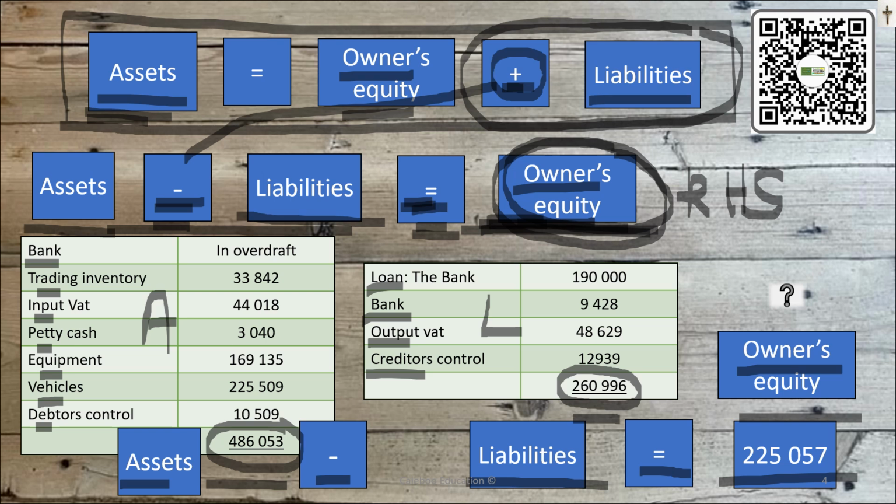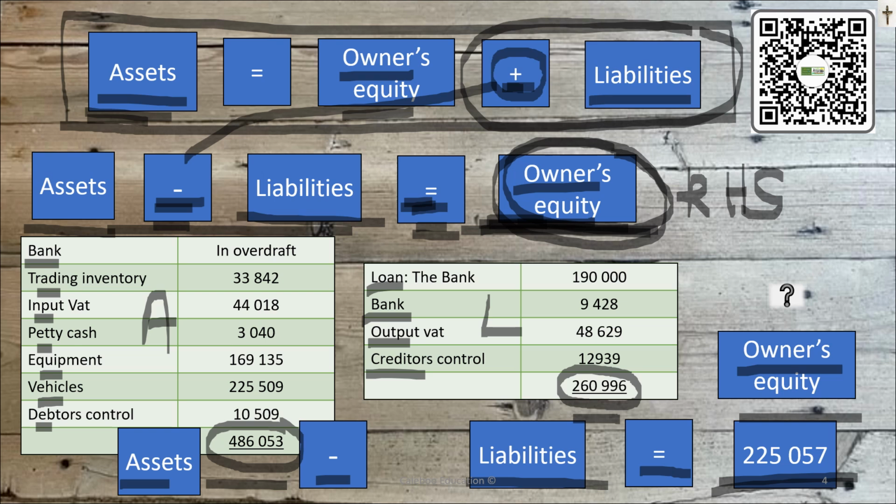So in this video, we wanted to calculate owner's equity, which we've just done, but we first had to calculate total assets and total liabilities. Then we had to subtract the liabilities from the assets, the value of the liabilities from the value of the assets. And according to our calculation, the owner is worth, in the books of the sole proprietorship, 225,057.